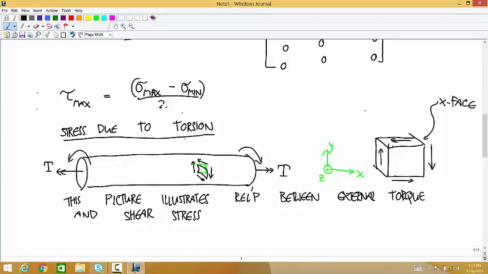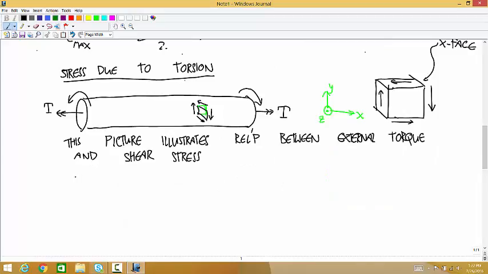Well, actually, this is one that changes depending on where on the surface you are, because now imagine that you're looking at the beam from above.